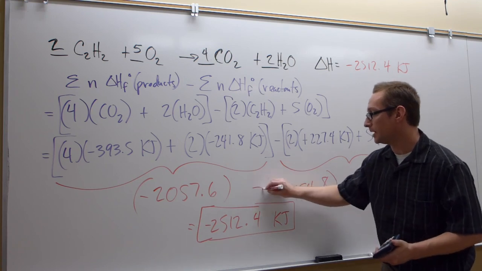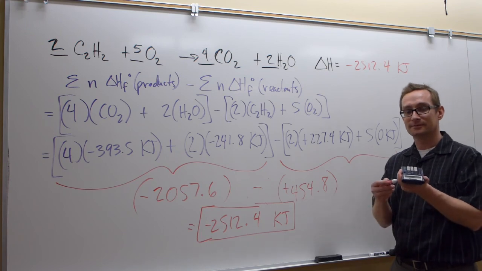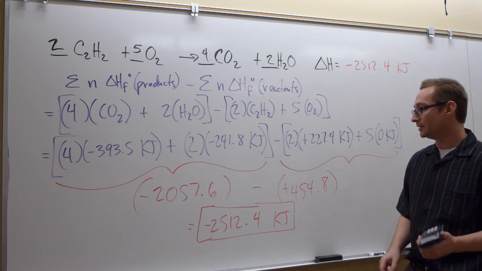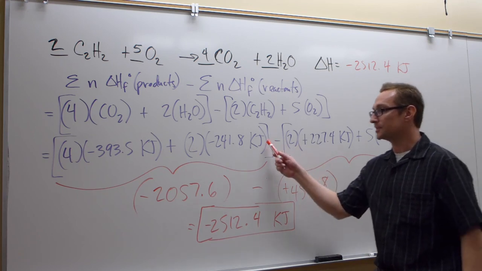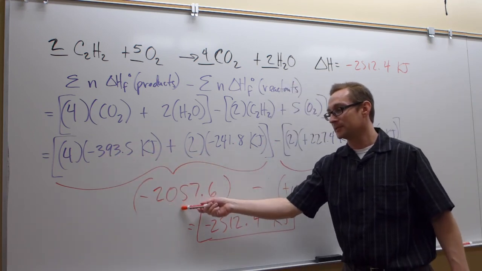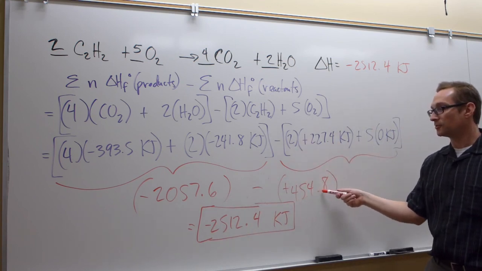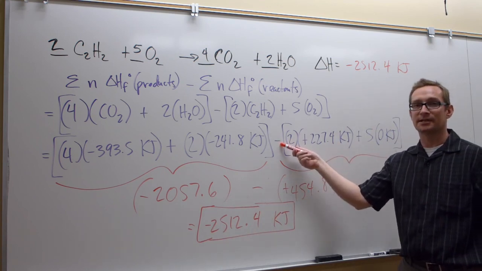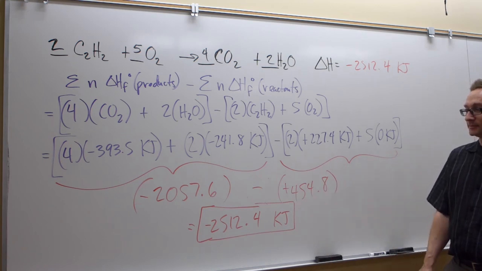We can just say minus that plus value. Okay. So this half gives me negative 2057.6. This half gives me positive 454.8, but there's this subtraction sign here.